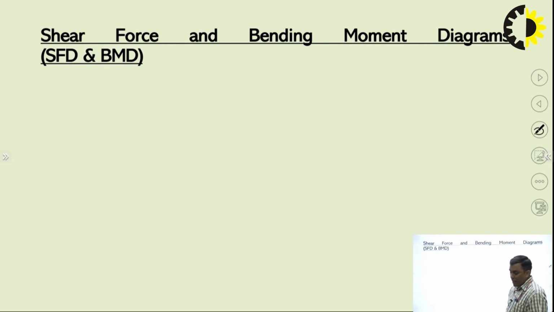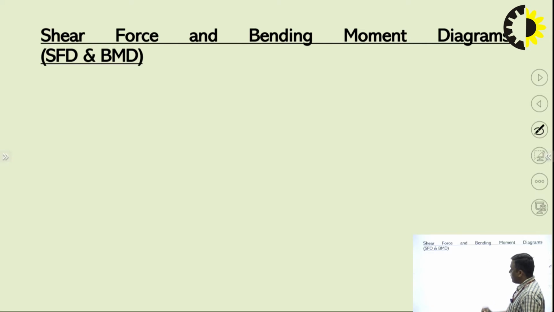Shear force and bending moment diagrams. When we are analyzing the beam in regard of shear force and bending moment, then for representing the magnitude of shear force and bending moment at different points, we need to draw the shear force and bending moment diagram for ease of understanding.